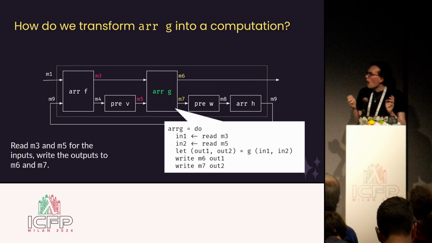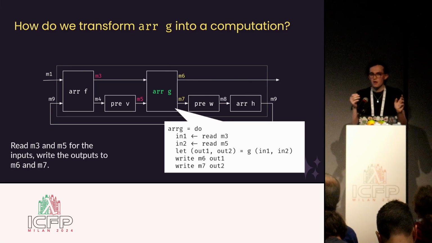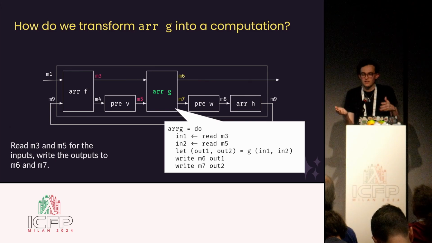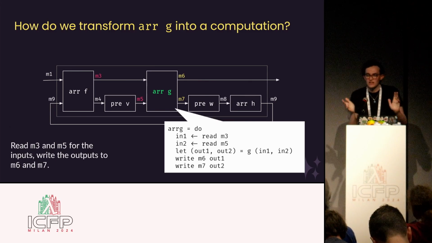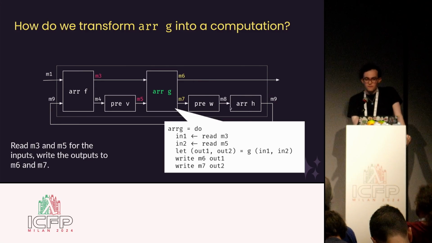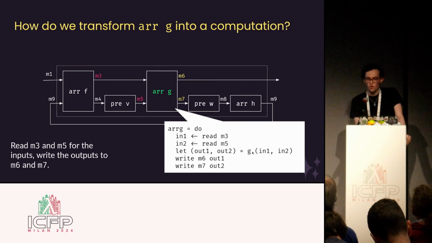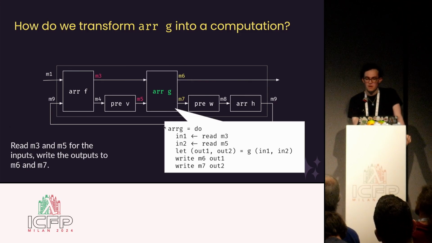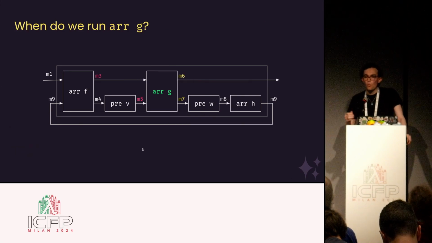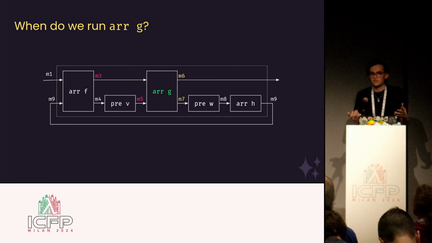Now we're going to look at Rs and Pres separately to get an idea of how exactly we need to order these. So for our Rs, we're just going to do what we've been doing the whole time. We're going to read in the inputs, M3 and M5, perform some calculation, in this case run the pure function G, and then write its outputs to its output memory cells. Great. The question becomes, when are we able to run this computation?